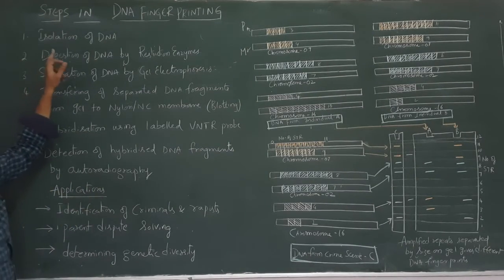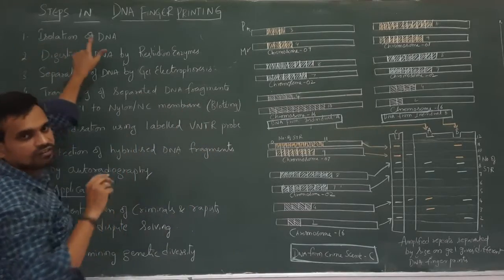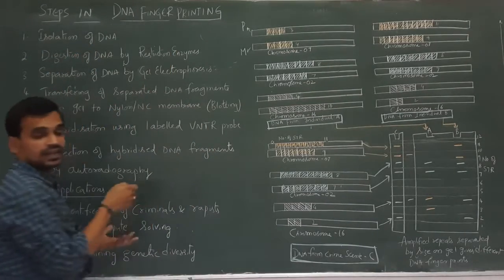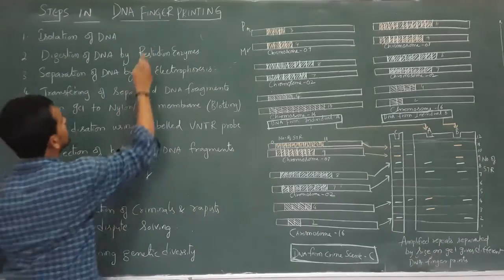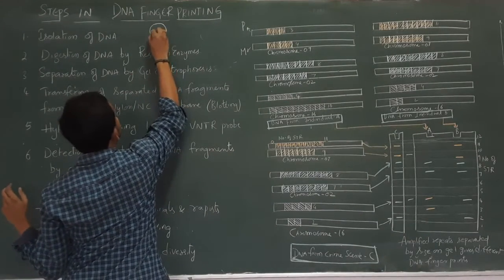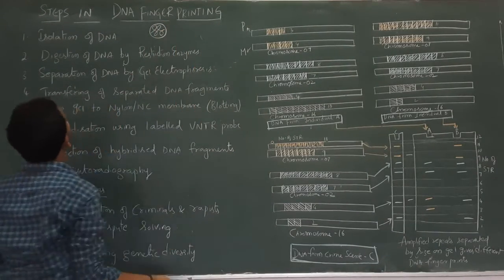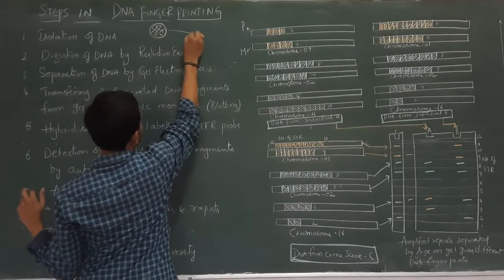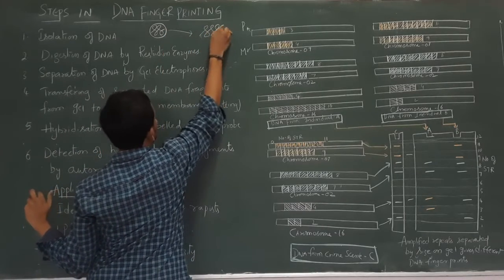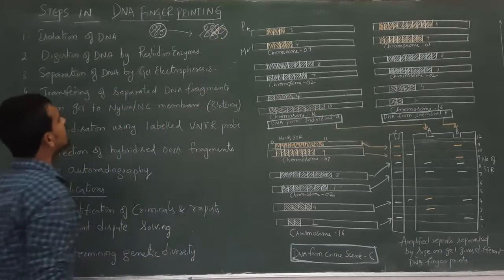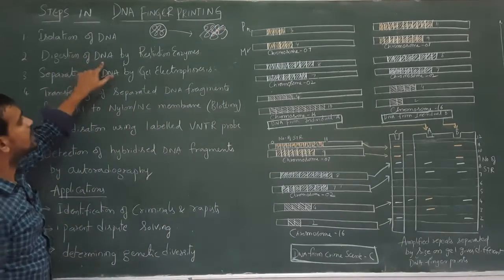Now, we are going to study each and every one in detail. Isolation of DNA. First, you isolate the DNA from the particular cell. So, this is the cell which is having the DNA. Next, from the cell, the DNA is to be isolated. Next, the DNA is subjected to restriction enzymes.